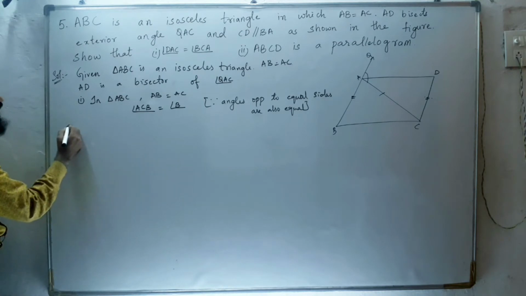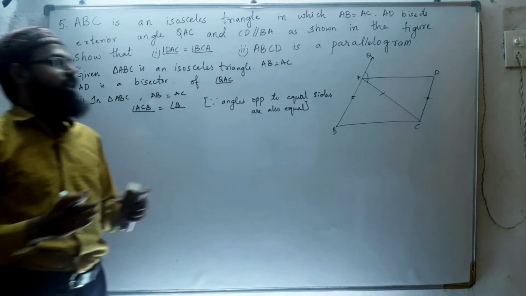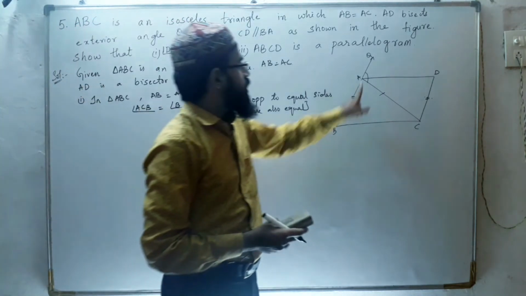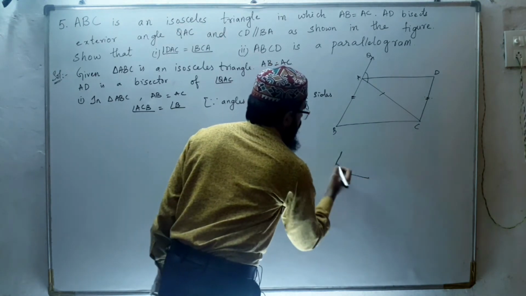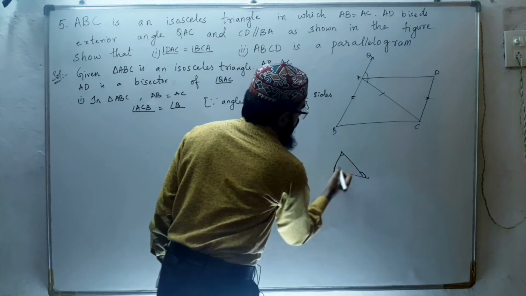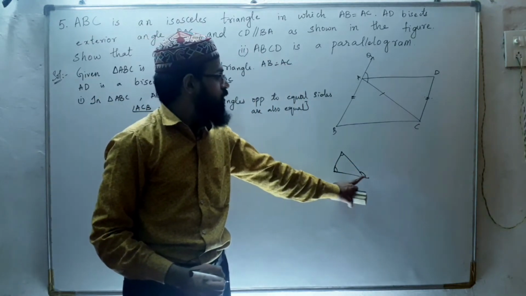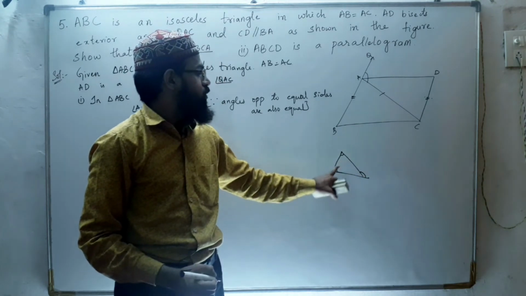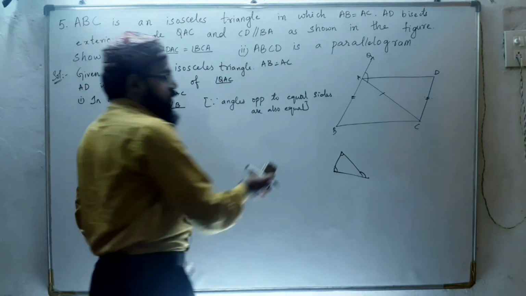Next, we have one more point we have learnt in our 7th chapter, the exterior angle. Whenever we have a triangle like this, the exterior angle, the angle outside this triangle, will be equal to the sum of interior opposite angles. This is one of the properties we have learned.